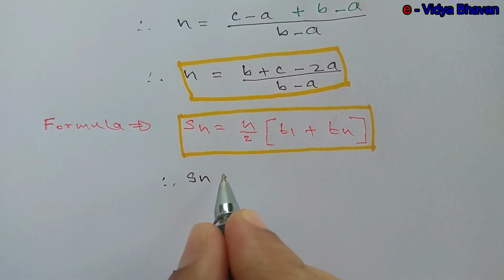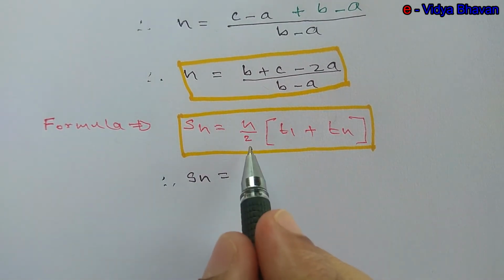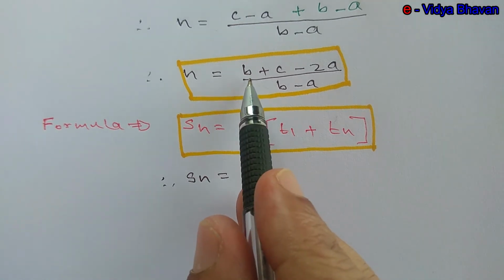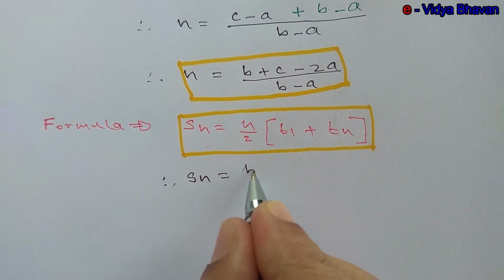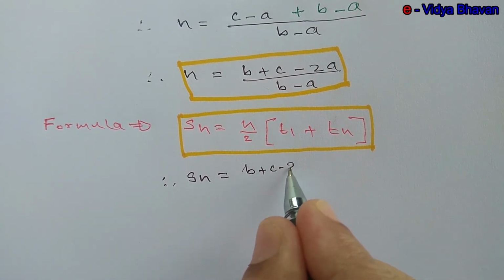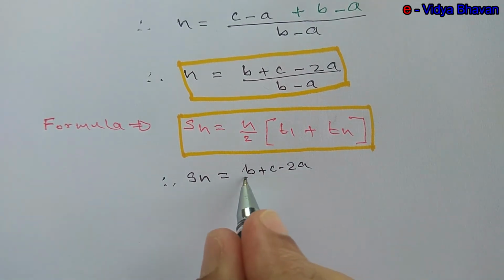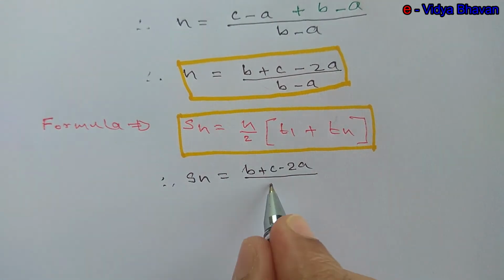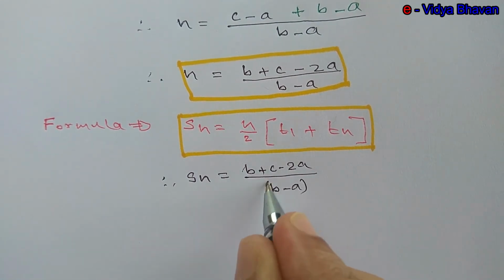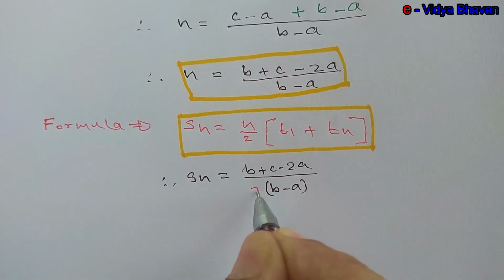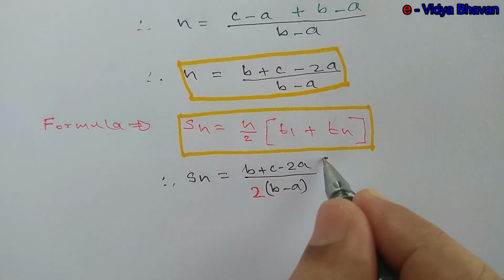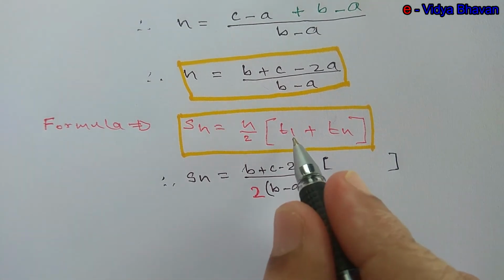Therefore, Sn equal to n upon 2. Remember, n we have got it. B plus C minus 2A upon B minus A. So we will be writing B plus C minus 2A upon B minus A. And this 2 will remain here. Bracket T1.